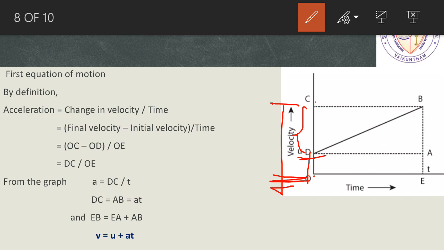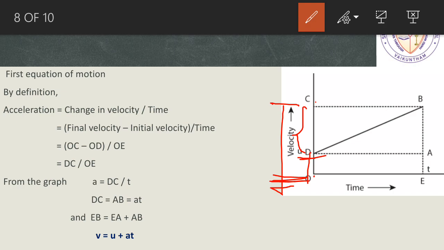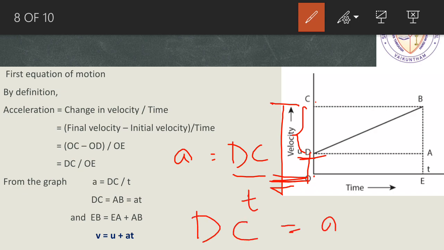OE is nothing but our T, so it is DC by T. So what is this DC? If you rearrange, A is equal to DC divided by T. Therefore, DC can be written as A into T, right?